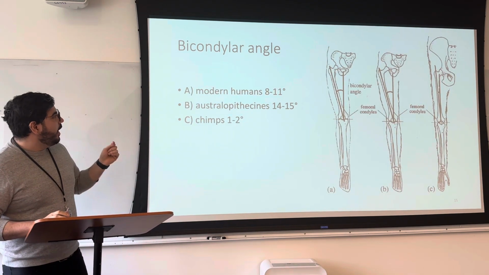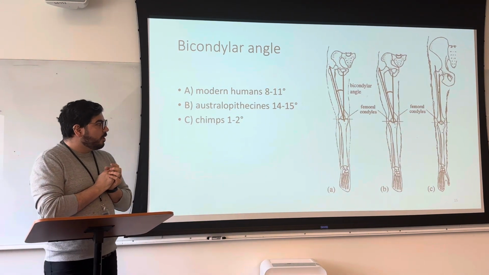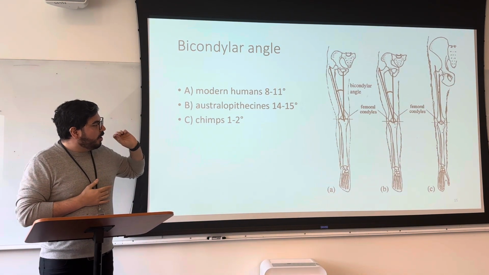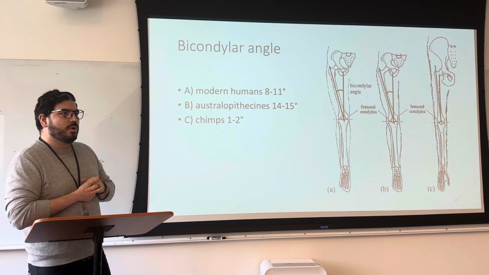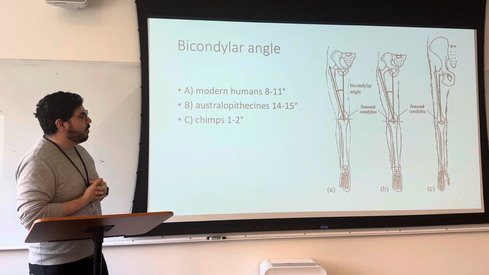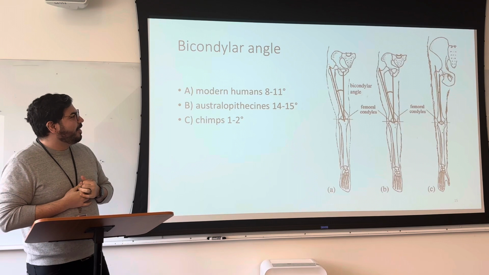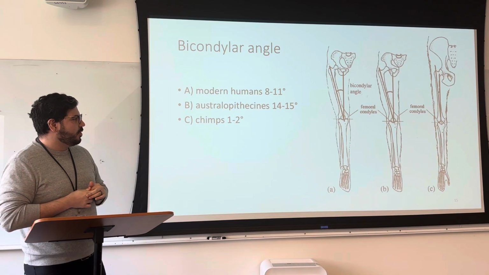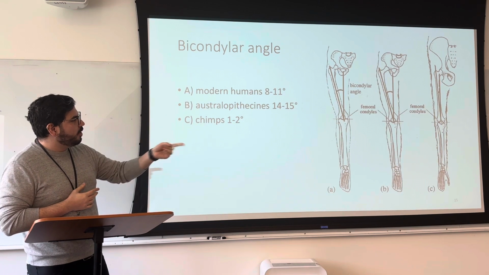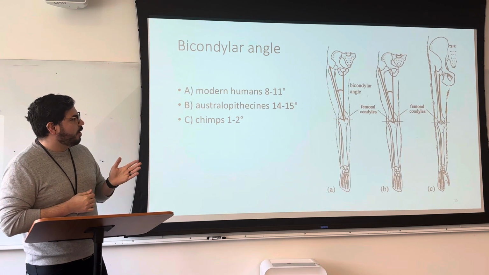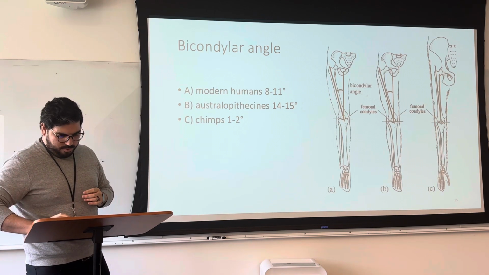For reference here, we have the bicondylar angle of modern humans, the Australopithecines, and chimps. I really like this image. This is from Pontzer, I forgot the date. This gives us the difference in bicondylar angle, and with a chimp you see a more vertically oriented femur. So let's move on.